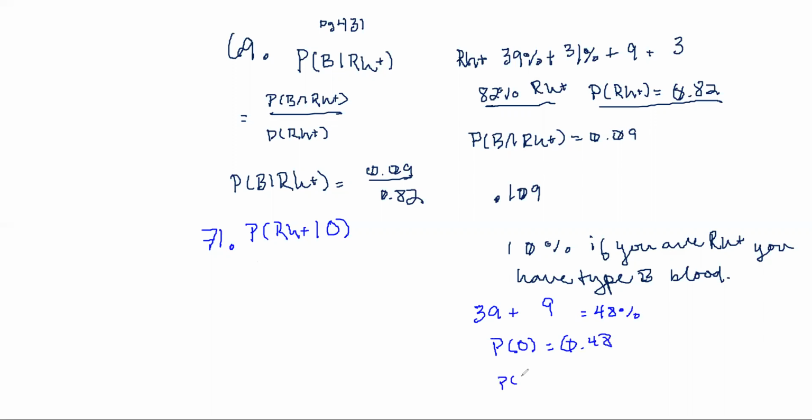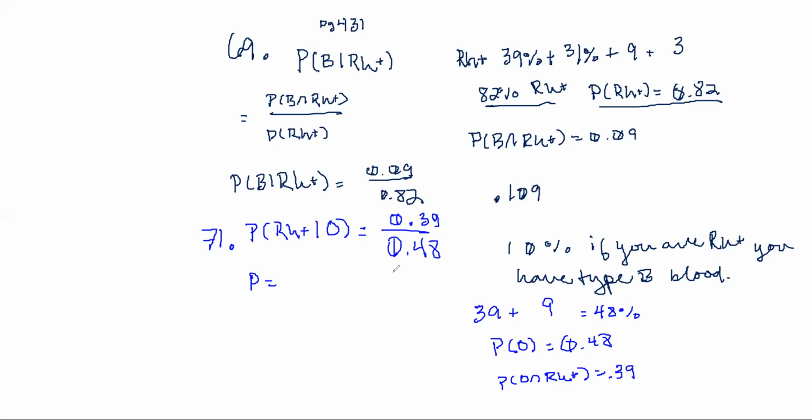The probability of being type O positive is equal to 0.39. So this is going to be 0.39 over 0.48.